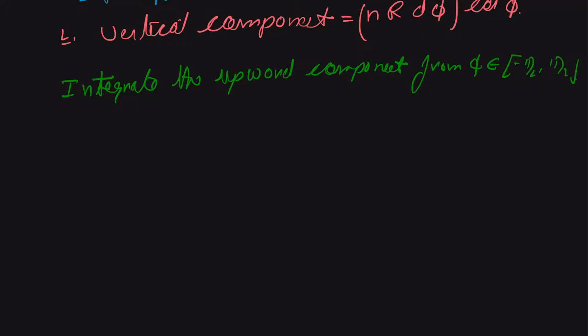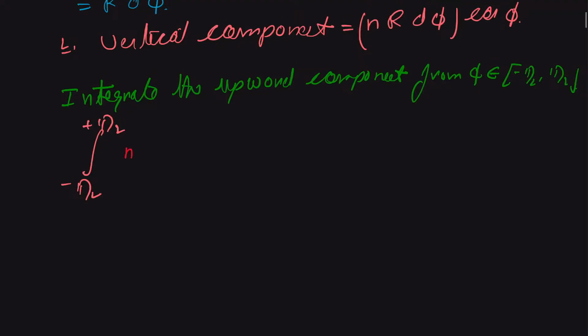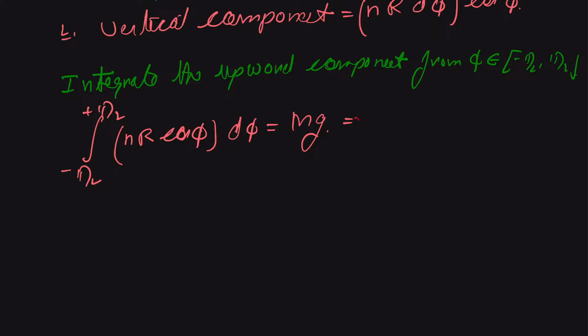And this vertical component will be balanced by our mg. So the integral from minus pi by 2 to plus pi by 2 of n r cos phi d phi will be equal to mass times g. If we evaluate the integral on the left side, we get 2nr equal to mg.